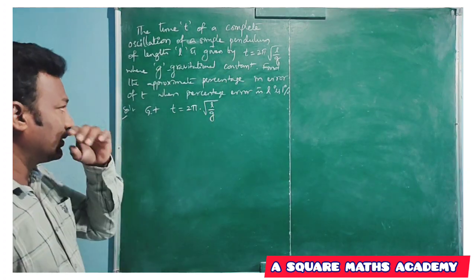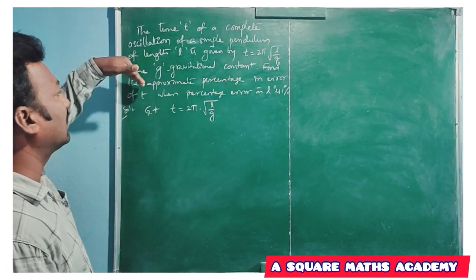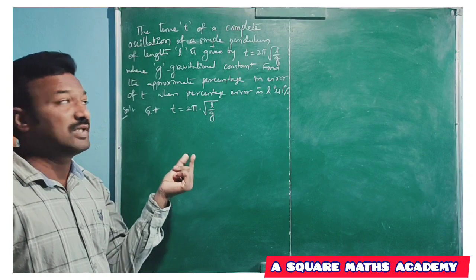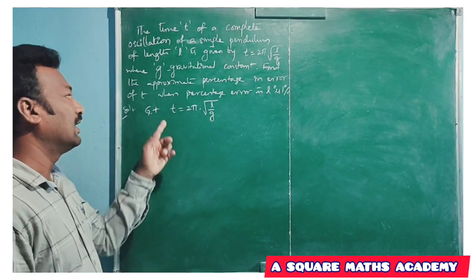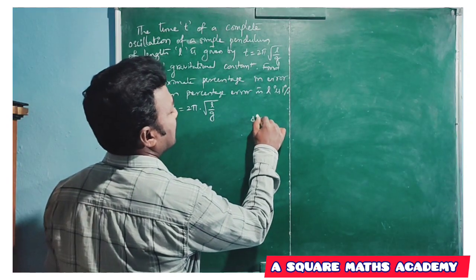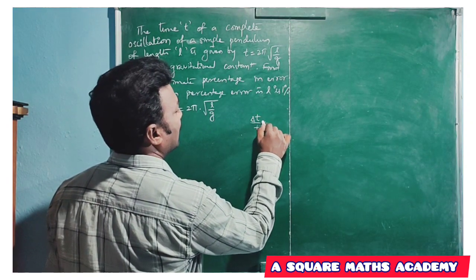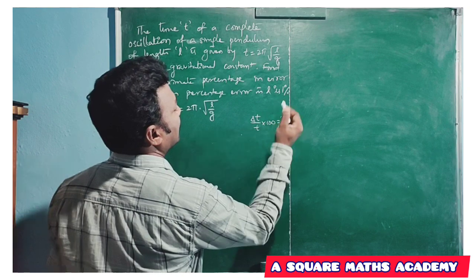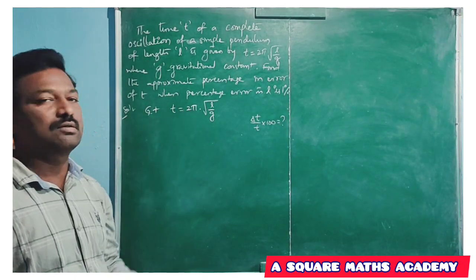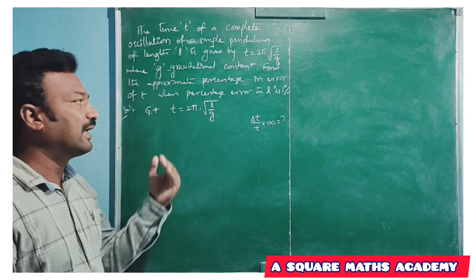We need to find the approximate percentage error in t, that is delta t by t into 100. The t value is 2 pi into under root of L by g, so we find delta t.